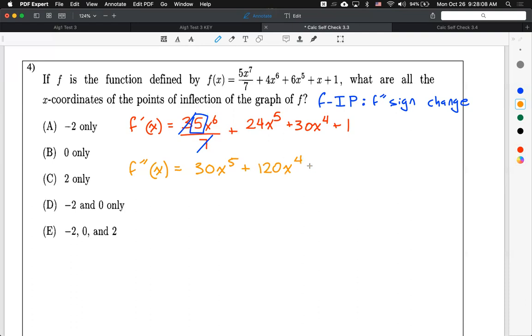There it is. And then we should factor the second derivative here as well.